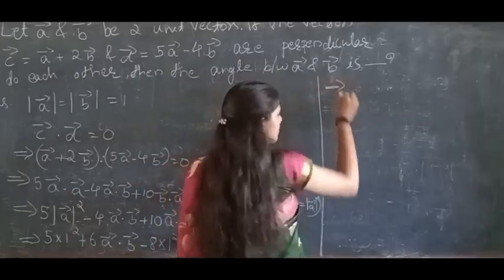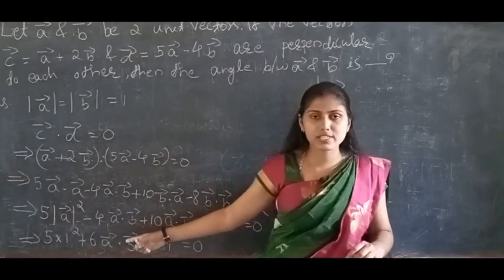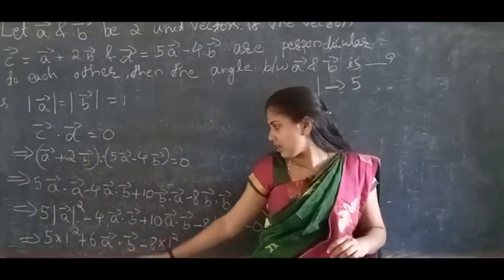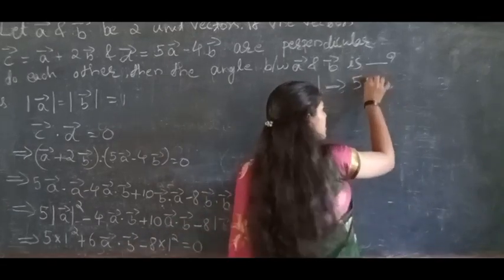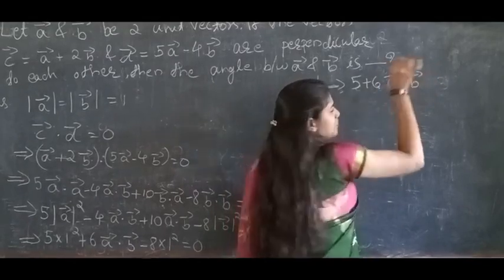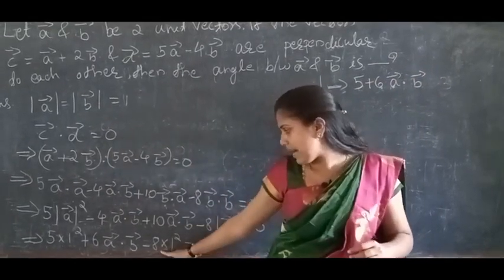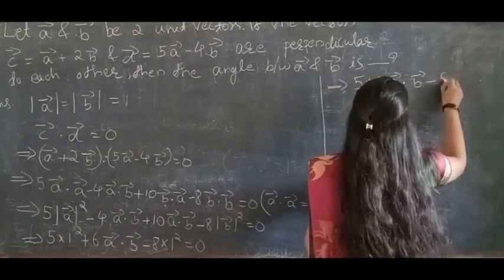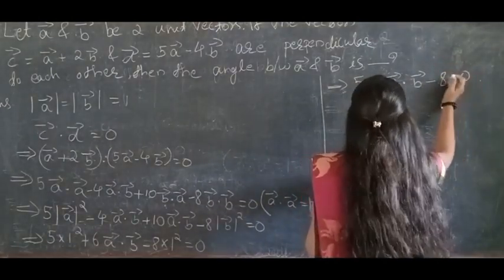Which implies 5 times 1 square is 5, then plus 6 vector A dot vector B, and also minus 8 times 1 square is minus 8, is equal to 0.